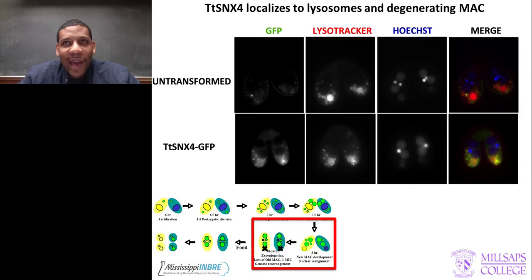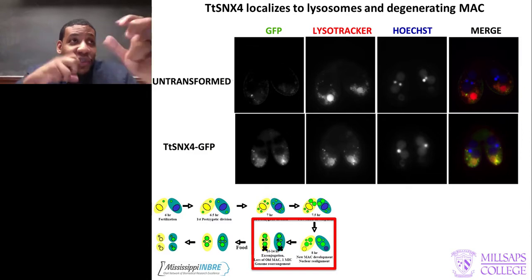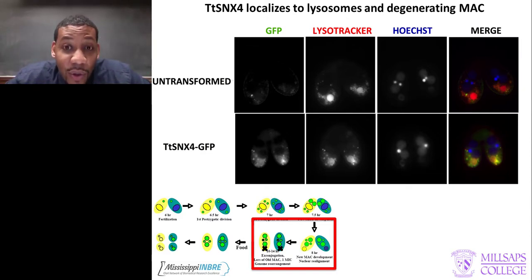So remember what happens in the formation of an autophagosome. Autophagosomes engulf a cargo, then lysosomes fuse with that autophagosome, converting it into an autolysosome, degrading that material that's inside the autophagosome. So in the third panel, you're looking at Hoechst, and what that's showing is all the nuclei in the cell.